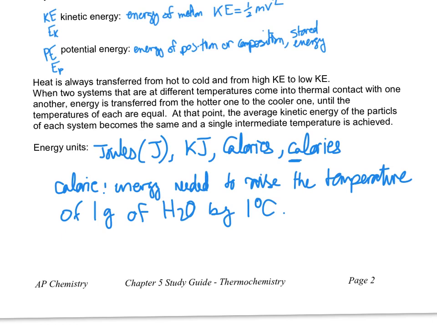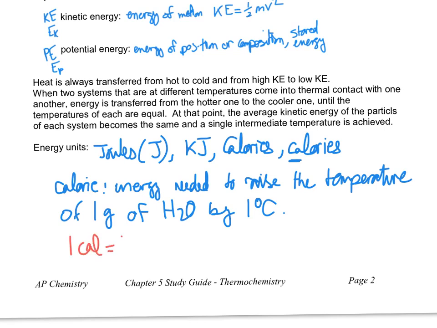So if I have a gram of water, which is a milliliter, which is a very small amount, and let's say right now I'm at 25 Celsius, that's room temperature, I want to raise it to 26 Celsius, that's how much energy is needed to do that. It's a calorie.